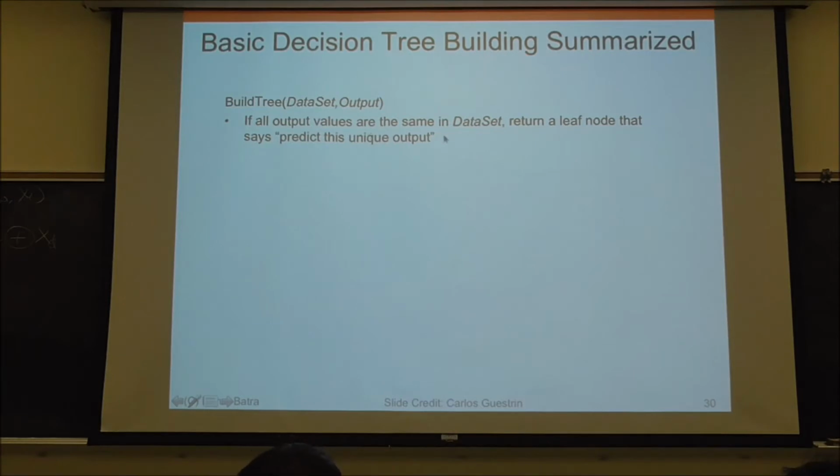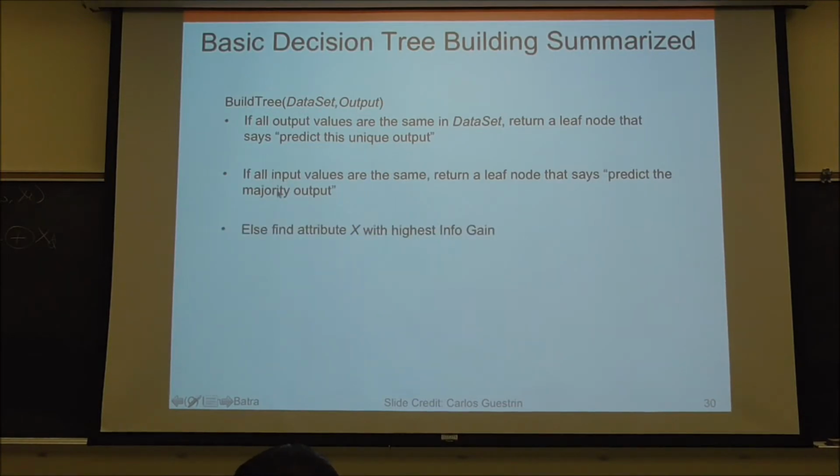If all output values are the same in the data set, then just return a leaf node that says predict. At this point, there is no more entropy left in this output variable. You just predict the majority or the only unique output. If all input values are the same, then you can't do anything better. At this point, all the input values, all features, are identical, so this is base error. So these are the two base cases that you check first.